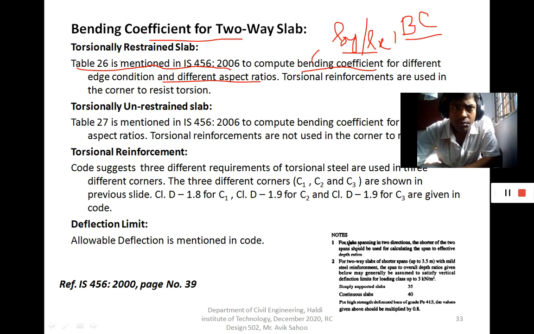So this slab is torsionally restrained, so it means you apply the torsional reinforcement in the corner to resist torsion. To resist the torsion you have to apply additional torsional reinforcement in the corner region.